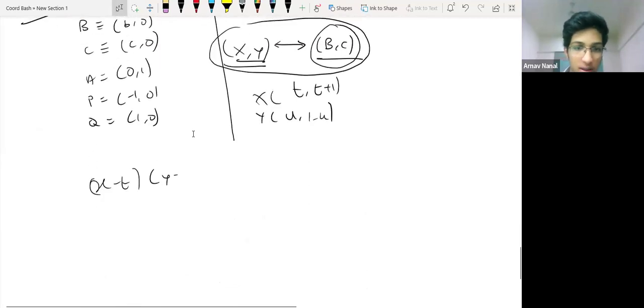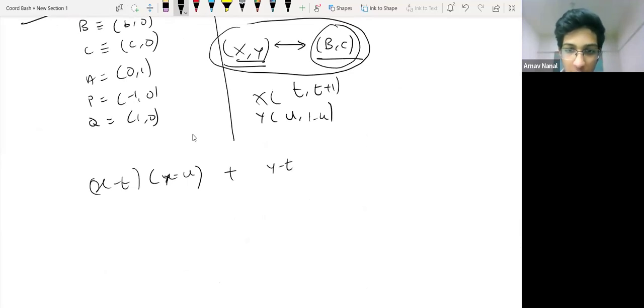So now you know this is the formula: y minus u plus x minus u, y minus t minus 1 into y minus 1 plus u, and this is 0. And now you want the intersection with the x-axis.